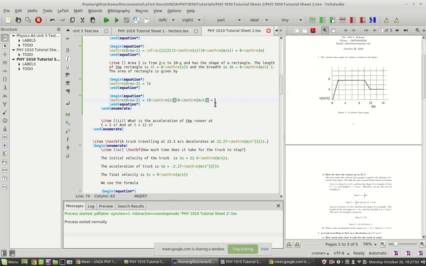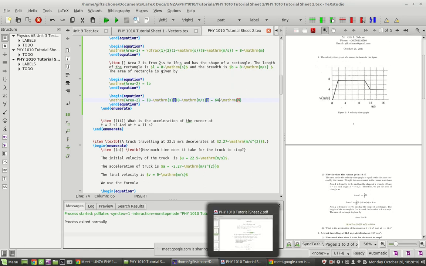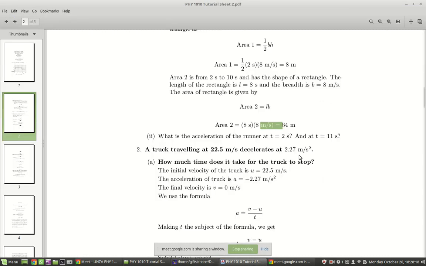How much area is under area 2? 64 meters. Okay, is that clear? Yes, sir. All right. Next, we move on to area number 3.